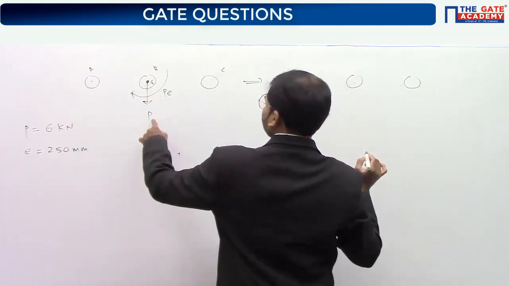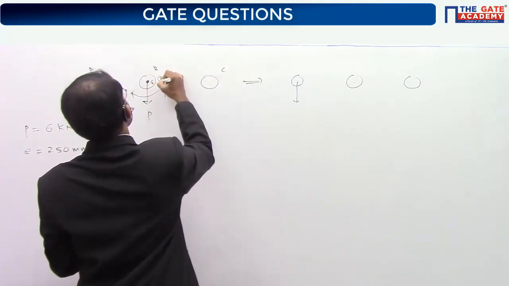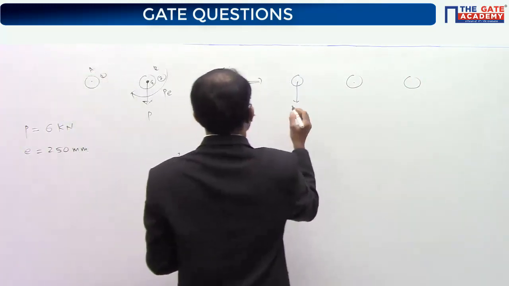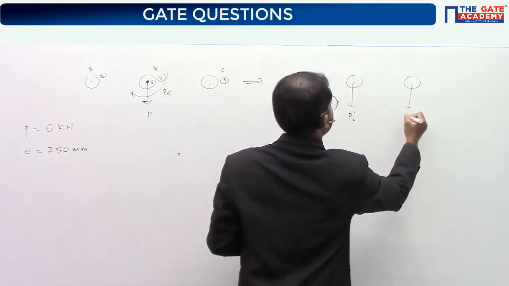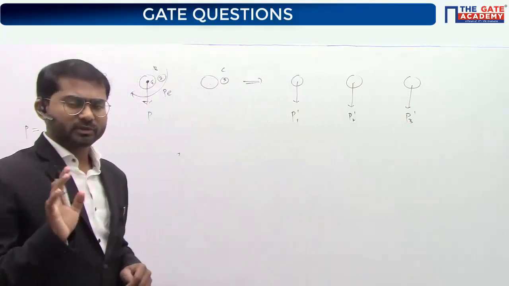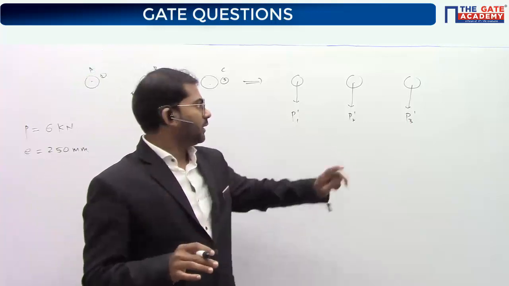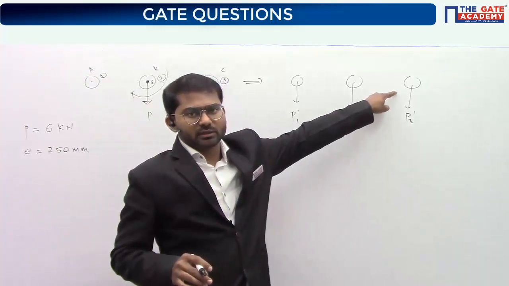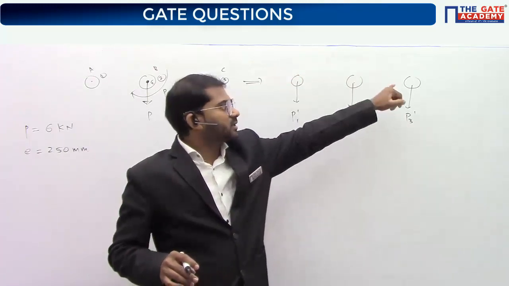Now, if you take the force arrangement, this P will give rise to a primary force at each and every rivet. Take these as 1, 2, 3, so these become P1 dash, P2 dash and P3 dash. We are going to find the net load on this particular rivet, and we are not concerned about the forces on the other two rivets, so we can directly concentrate on this one.